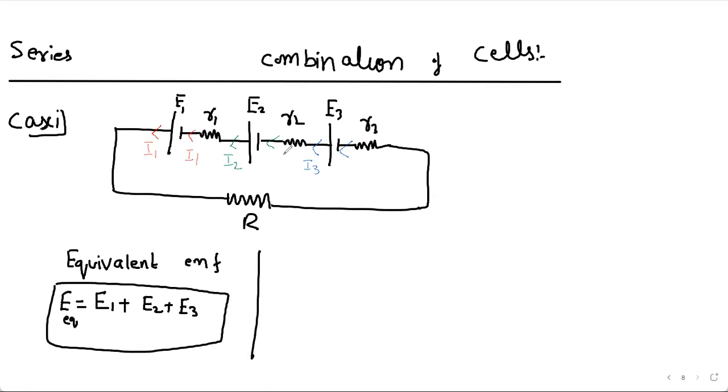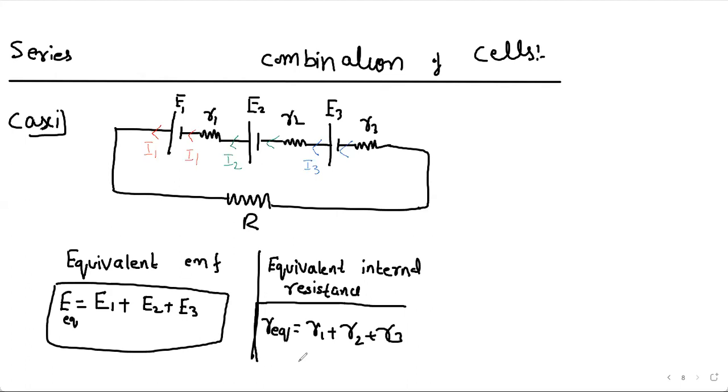Next, we can calculate the equivalent internal resistance. See, all resistors are connected in series. So from here we can calculate equivalent internal resistance. R equivalent is R1 plus R2 plus R3.